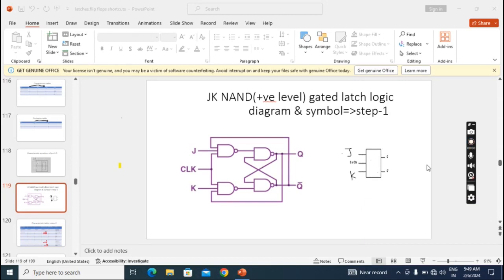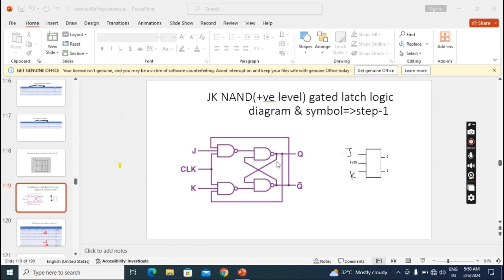In this lecture we'll see how the invalid state of the RS flip-flop is overcome by the JK flip-flop. Suppose this is the diagram of a JK flip-flop with NAND latch part. If we remove this feedback from the latch output to the gated part input, this diagram will be the same as the SR flip-flop.